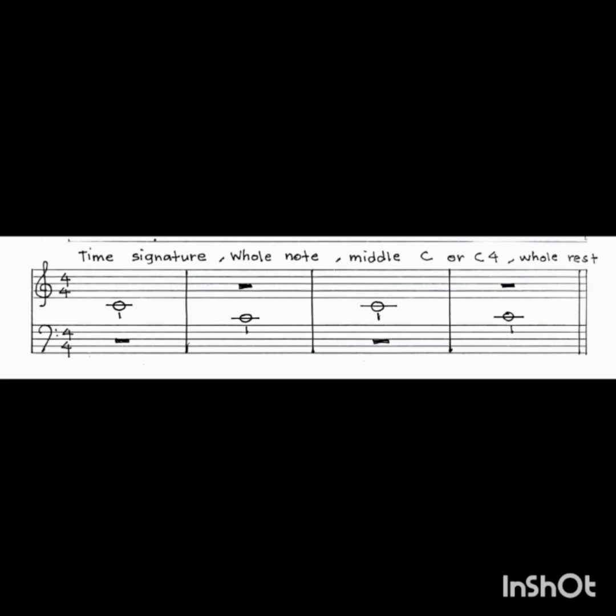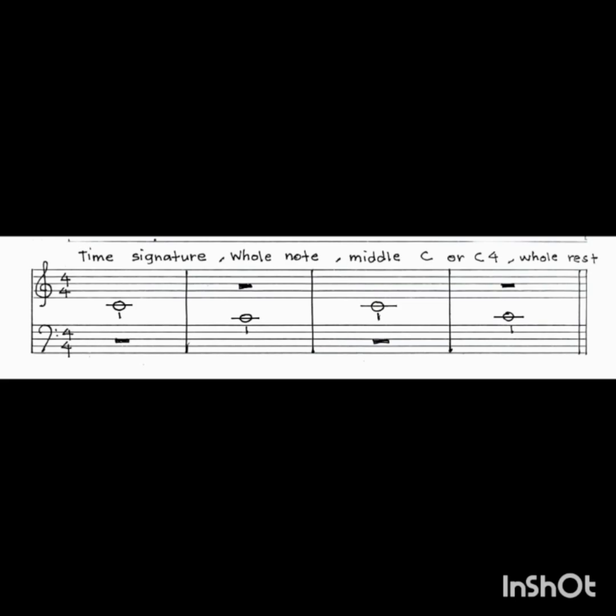And each measure is divided by a bar line, which is a vertical line crossing through the two staves. So this staff has 4 measures because it has 4 bar lines.